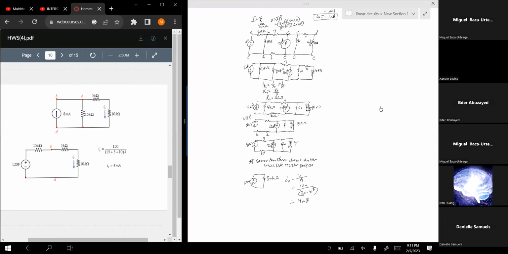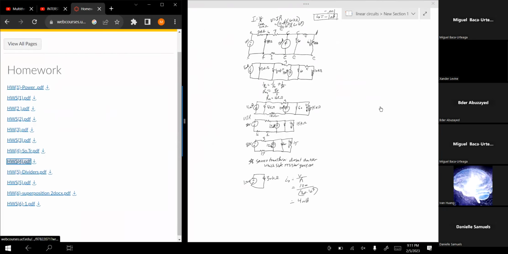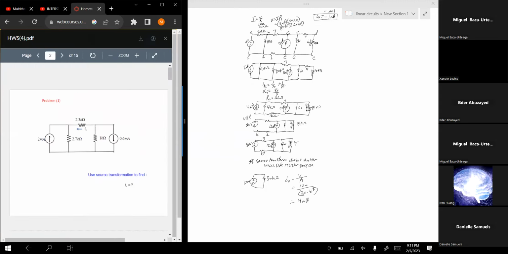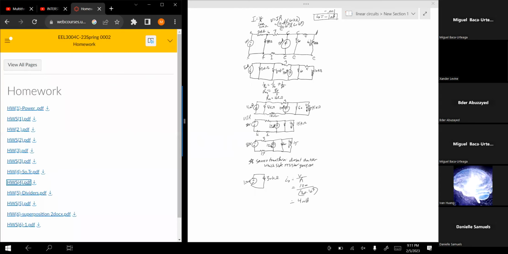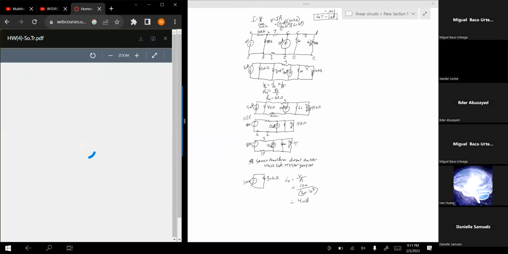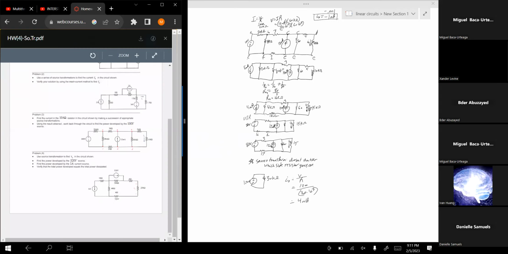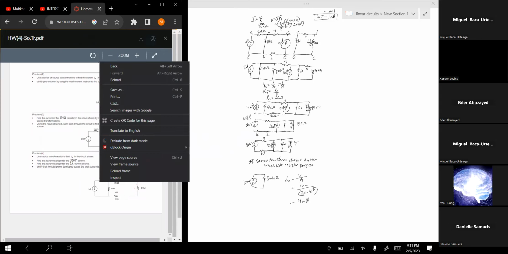Okay. Shall we do, well, do they have any more source transformation questions? Right, this is the answers. Use a source transformation to find V naught, find the power developed by the 520 volt.